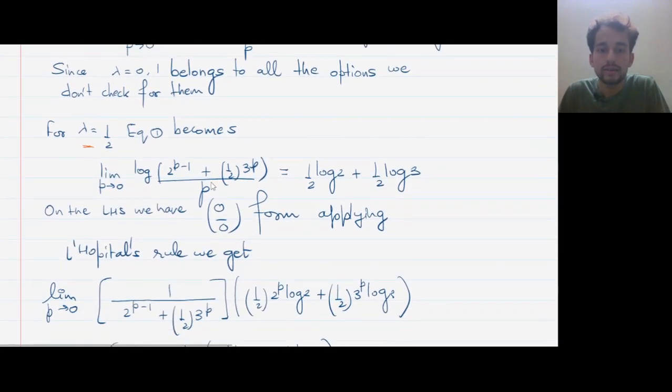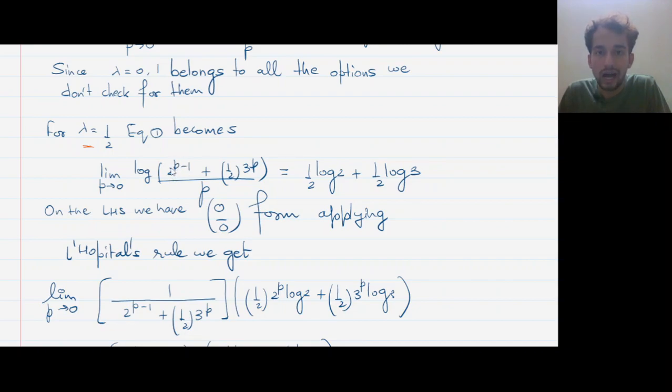When you replace the value of p by 0, because you have to calculate the limit of this expression when p approaches 0, you can simply take the limit inside because log is a continuous function. Using algebra of limits, the numerator is going to become 0 and the denominator will also become 0 when you replace p by 0.